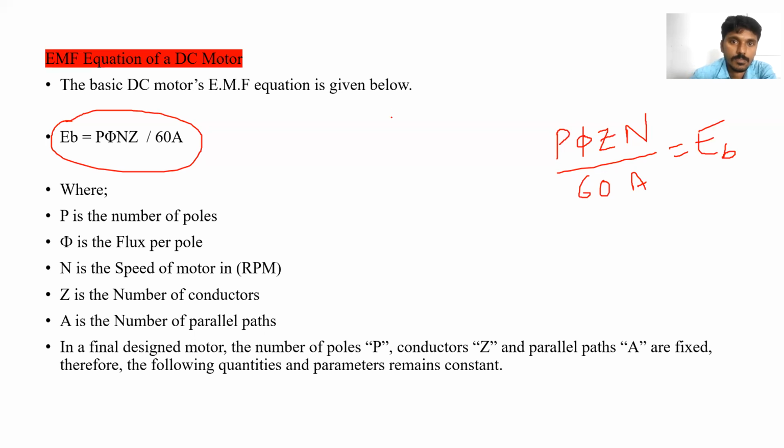P is number of poles. What is meant by Z here? Z is number of conductors. N is nothing but speed of motor. A is nothing but?